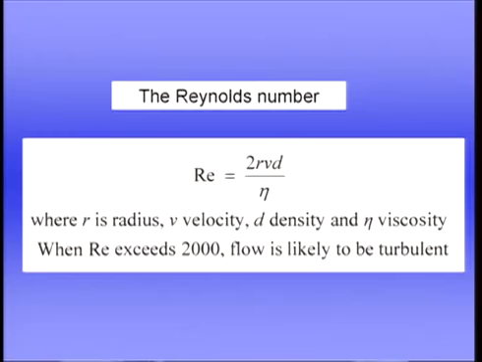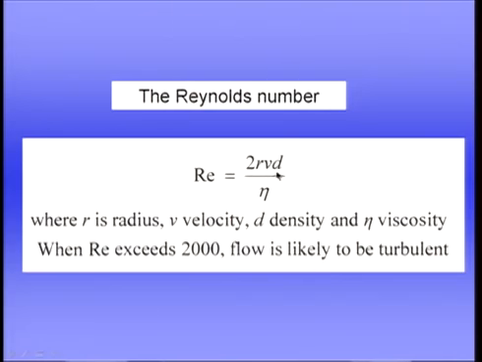Now, whether flow is turbulent or laminar depends on the Reynolds number, as shown here. Reynolds number has radius, velocity, and density in the numerator, and viscosity in the denominator, as you can see here. If you've got long, smooth tubes of uniform diameter, the flow is likely to be turbulent if the Reynolds number exceeds about 2000.